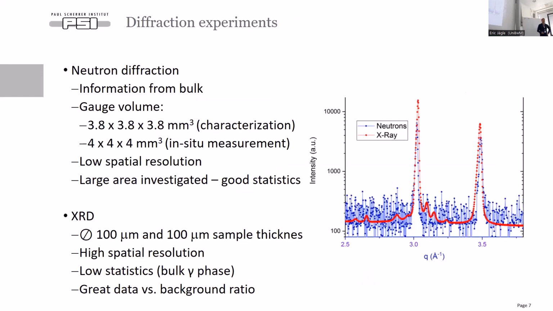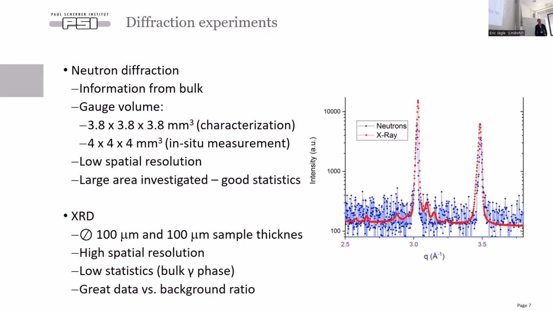Why do we use both neutron diffraction and synchrotron X-ray diffraction? Neutron diffraction has high penetration into the bulk of the material, so we can really study the inside of the samples. We can penetrate several millimeters, so we do not release the residual stresses just by thinning the sample. We have a relatively high gauge volume, so we get good statistics.